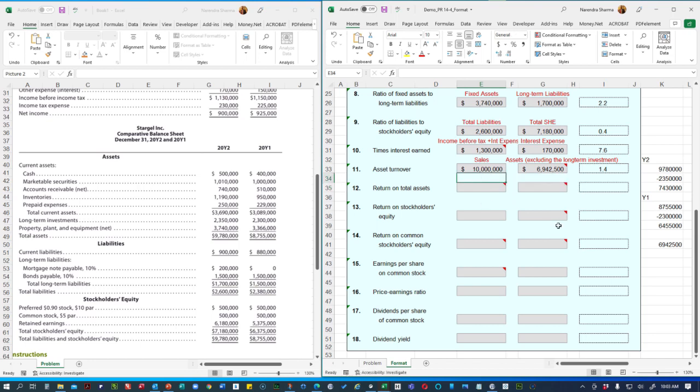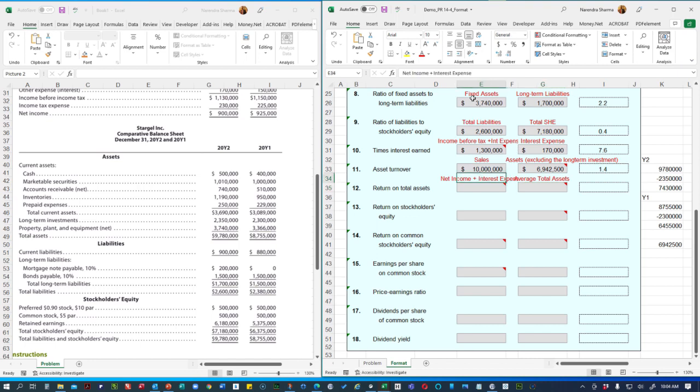So this will be return on total assets is net income plus interest expense divided by average total assets.